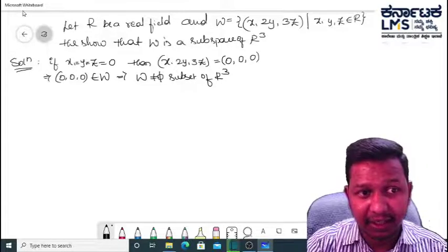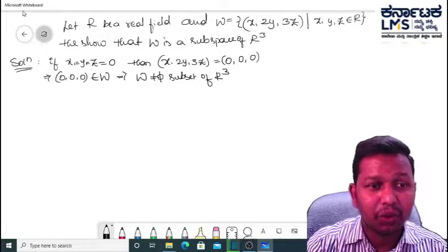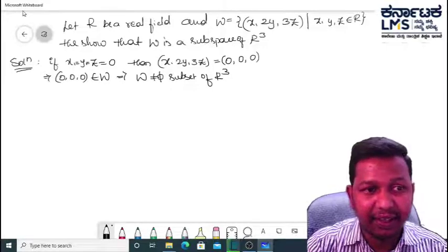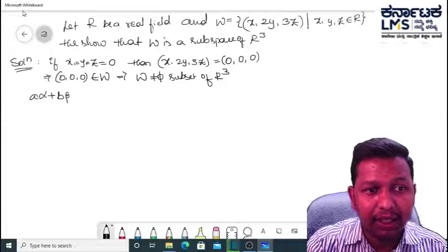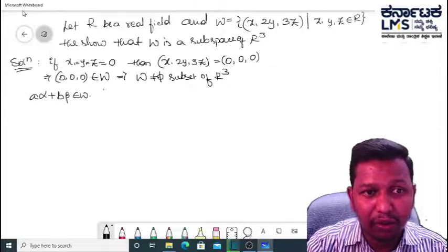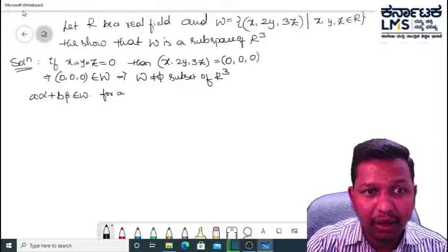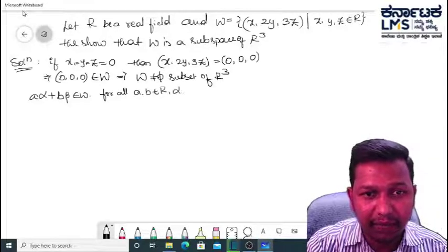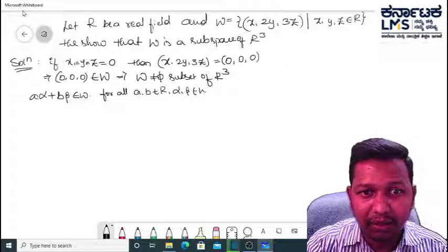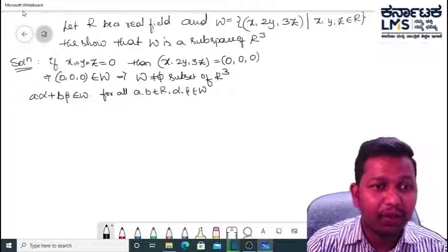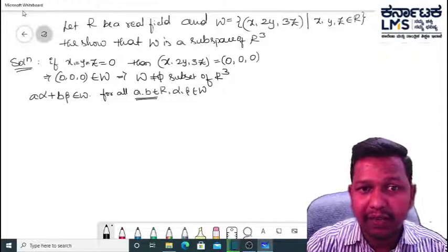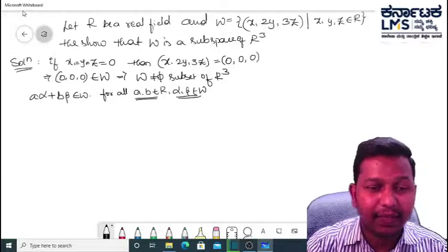What is that criterion? The criterion to verify the subspace is that a alpha plus b beta is an element of W for all a, b belonging to R and alpha, beta belonging to W. So we need two scalars and two vectors.